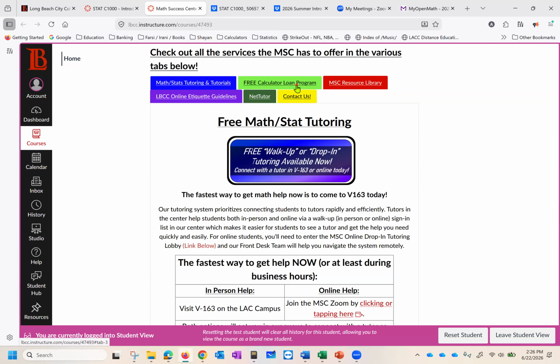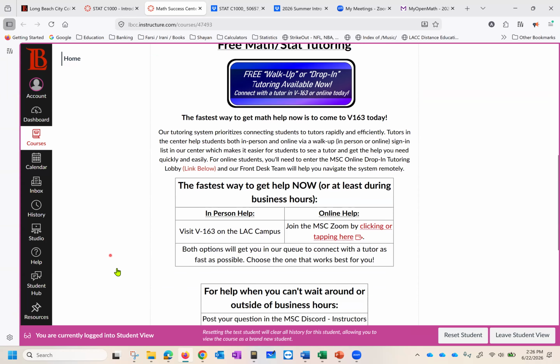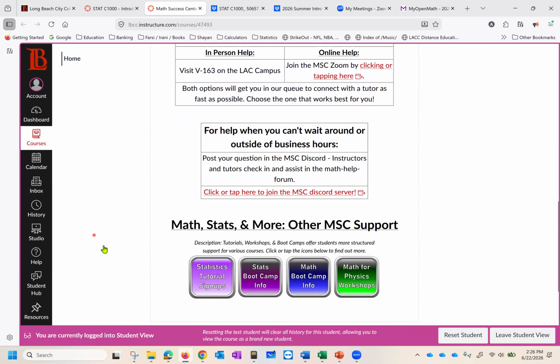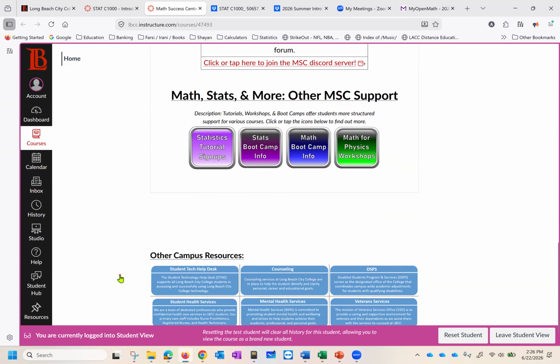Again, if you need a calculator, although you can get that online, okay? But if you need to go grab a calculator from the Math Success Center, you want to do it as soon as possible. So they have limited number. And as you can see, the Math Bootcamp info and all the statistics tutorial sign-ups.